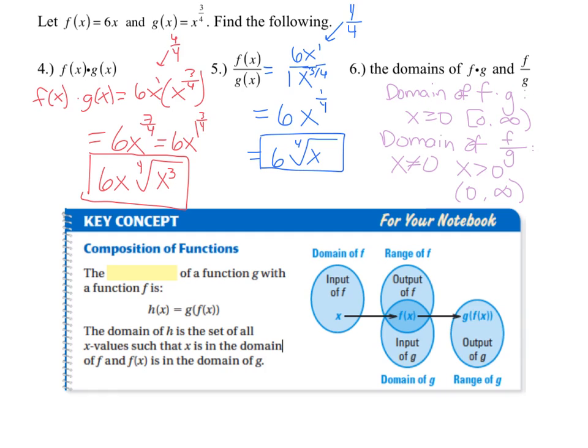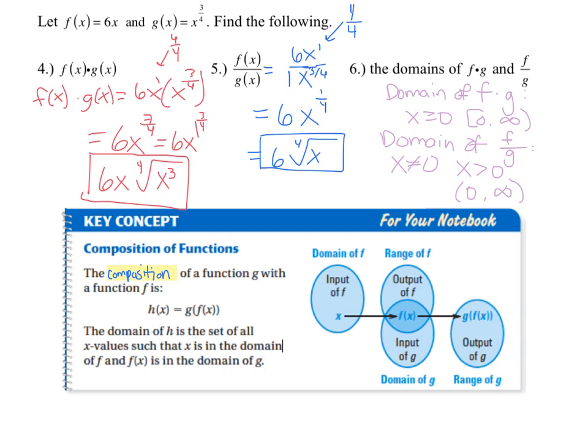The composition of a function g with a function f is h of x equals g of f of x. So rather than adding or subtracting or multiplying or dividing, we're going to use one function as the input of another function. So we're going to substitute it inside of the function in place of the independent variable, the x.